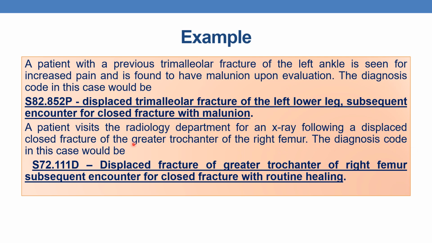And the diagnosis code in this case would be S72.111D, displaced fracture of greater trochanter of right femur, subsequent encounter for closed fracture with routine healing. By this, we complete the coding guidelines for traumatic fractures, part 1 of chapter 19.